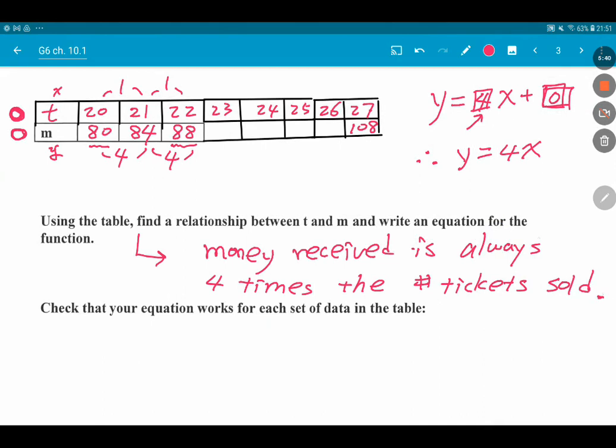So that just reflects the equation we found. Y equals 4x. Or, excuse me, since we're using m for the output, it really should be m equals 4t. So this should be the best answer right here.